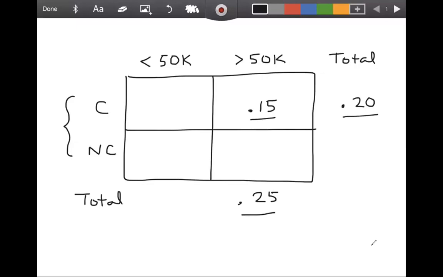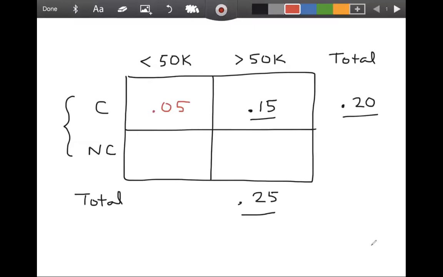All right, so there is actually enough information here to fill in the rest of these boxes and also the rest of the totals. For example, if there are a total of 20% of the employees who are college graduates and 15% of the employees are college graduates who earn more than 50,000 a year, then that must mean that 5% of the employees are college graduates who earn less than 50,000.